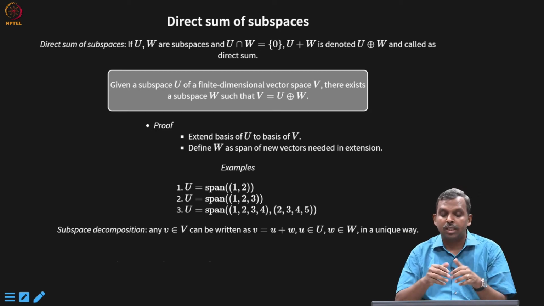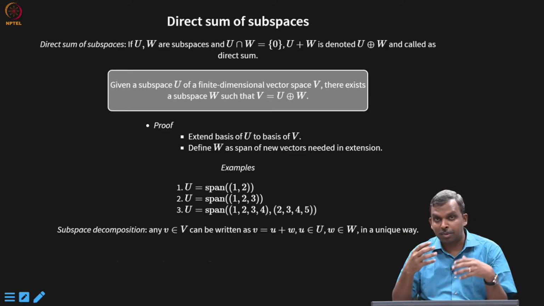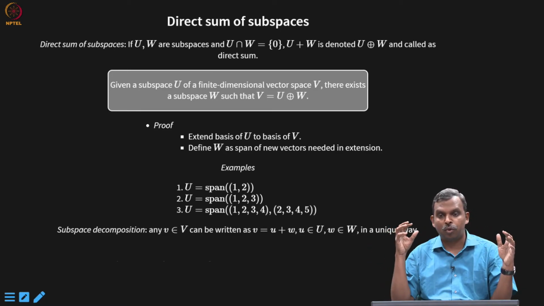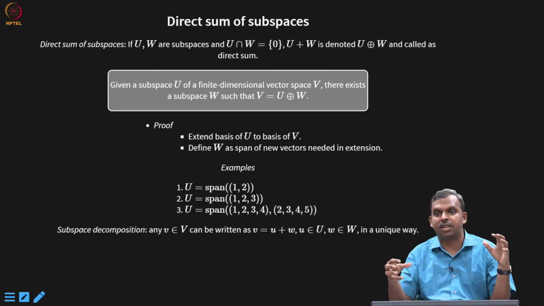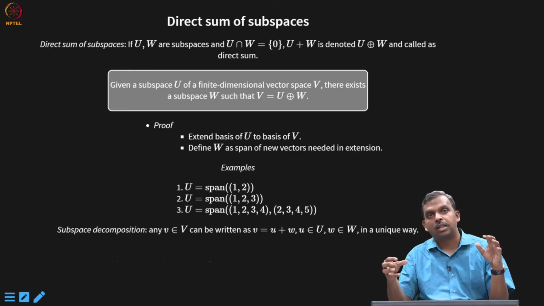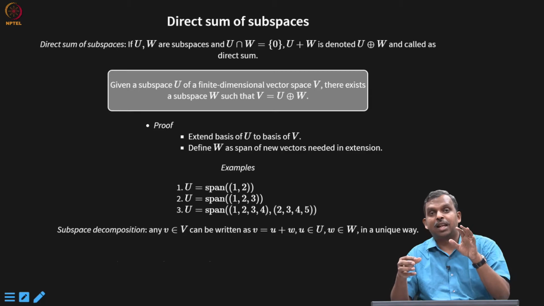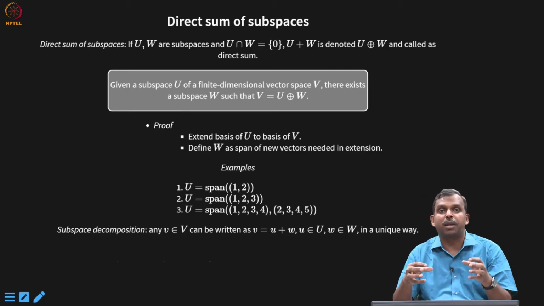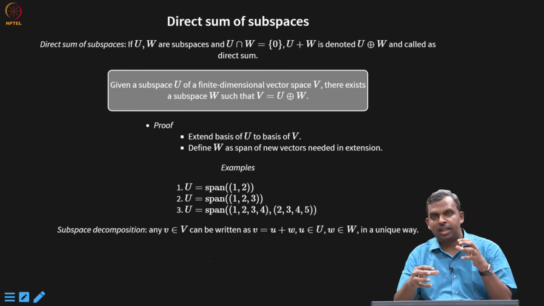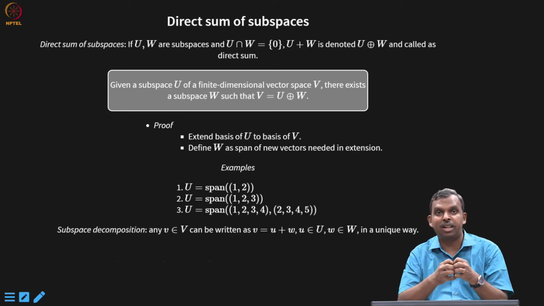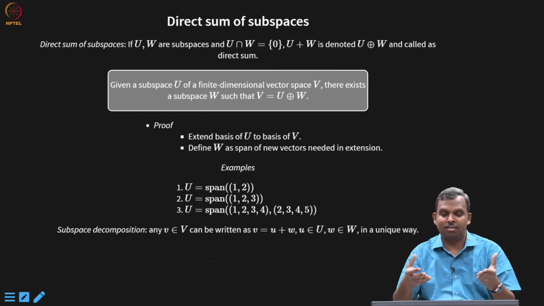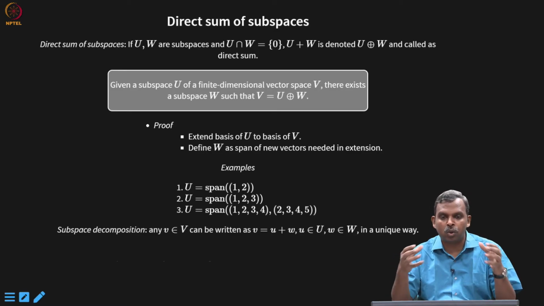I sort of call this a subspace decomposition idea. You have a vector space. If you can identify a subspace which is interesting to you, it always turns out that the entire vector space is actually a direct sum of U and some other subspace W. So there is always another subspace such that they have a trivial intersection and they direct sum to give you V. This solidifies our idea of studying vector spaces by looking at subspaces.